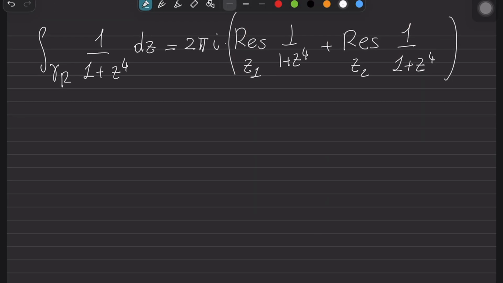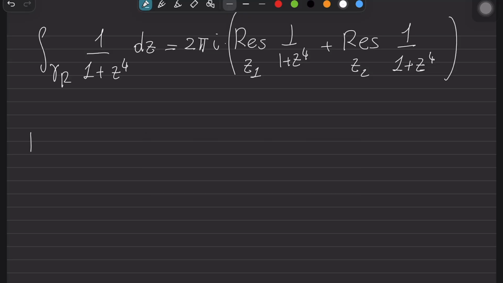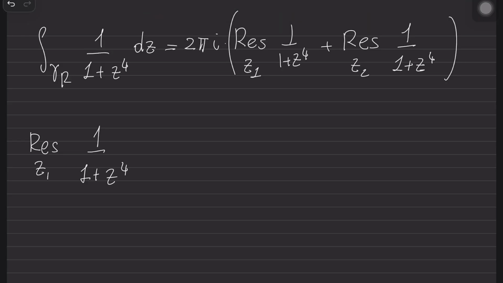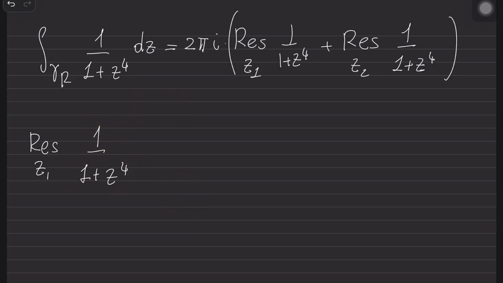To do that, we are going to use the formula that the residue of a function p over q, if q has a pole of order 1, is just p at the point divided by the derivative of q at that point. So in this case, the residue at z1 of 1 over 1 plus z to the power 4: our q is the denominator, and our p is just the constant equal to 1.